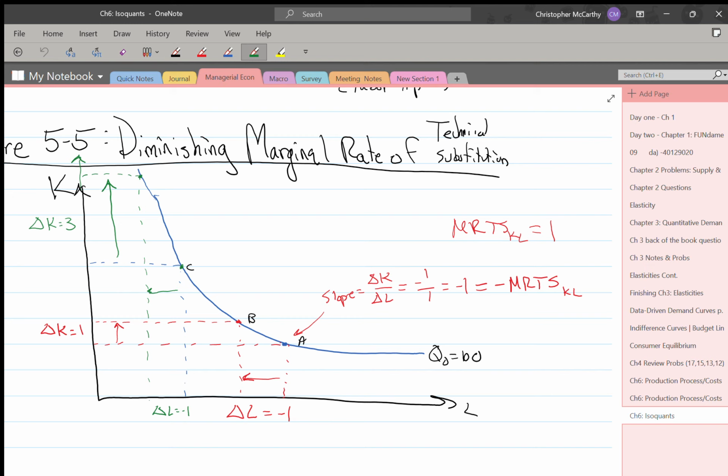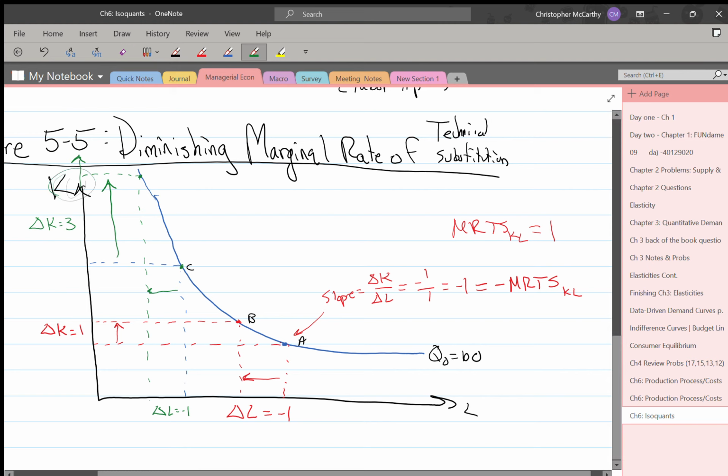So the closer and closer we get to a kind of all capital scenario, the more capital we're getting anytime we are giving up a laborer. And the more that we get over here, it's a similar thing, where our trade-offs end up deviating from this one-to-one.